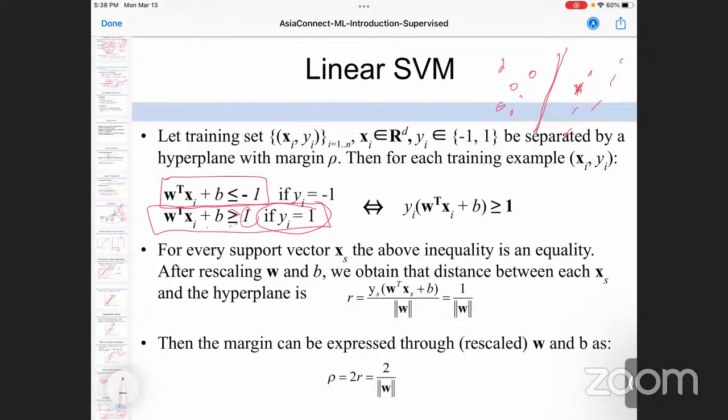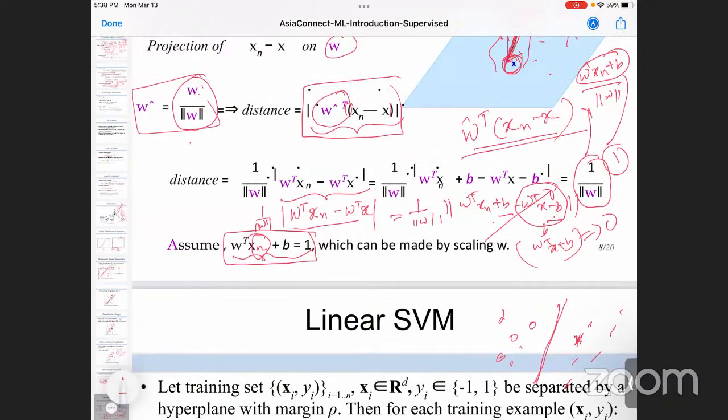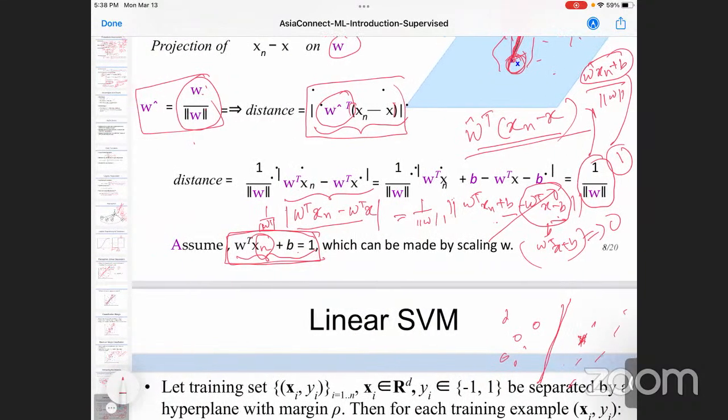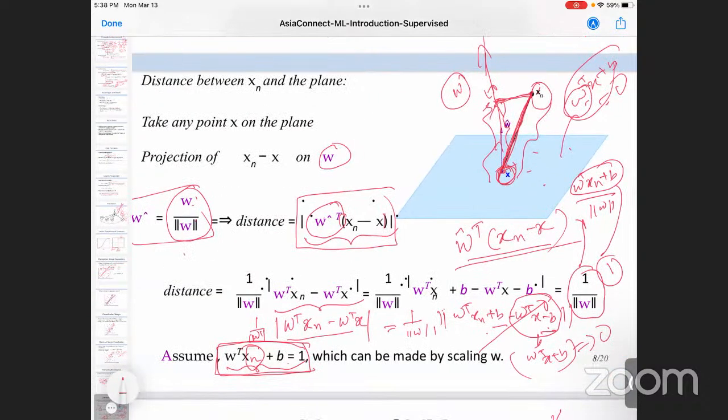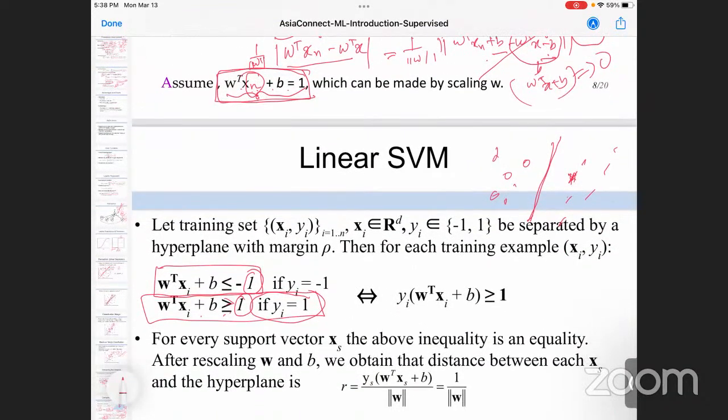Here the term is 1. Remember, this is not 0, this is 1. We can assume this because we have made it so: w^T x_n + b equals 1 for the nearest point. The line that goes through x_n equals 1, because we have assumed that, right?